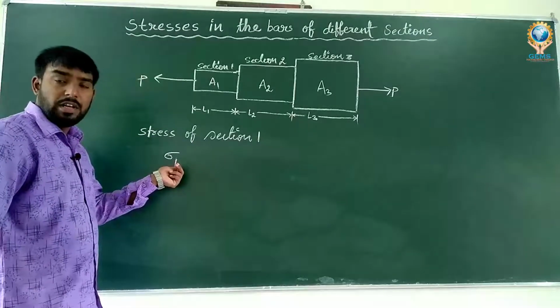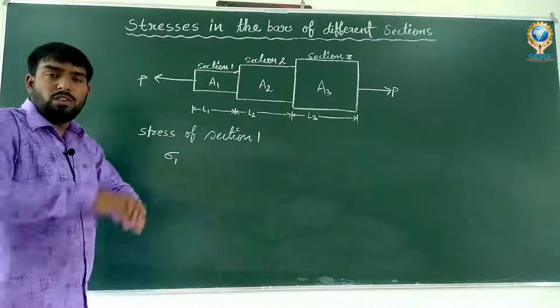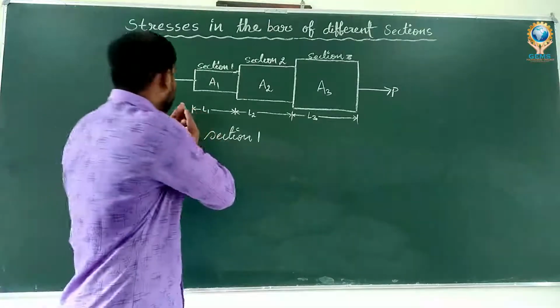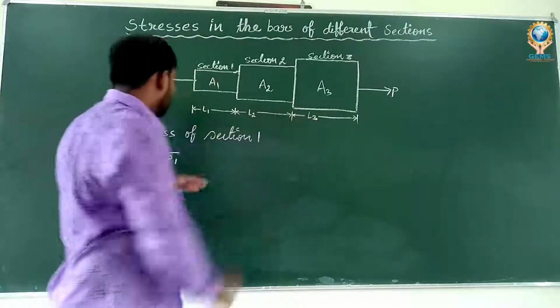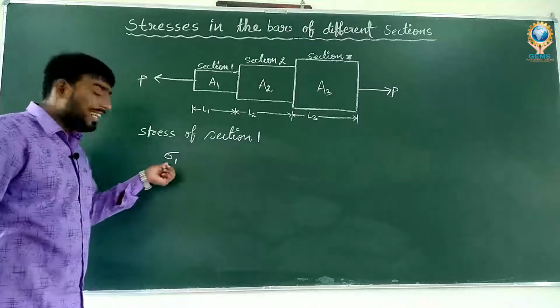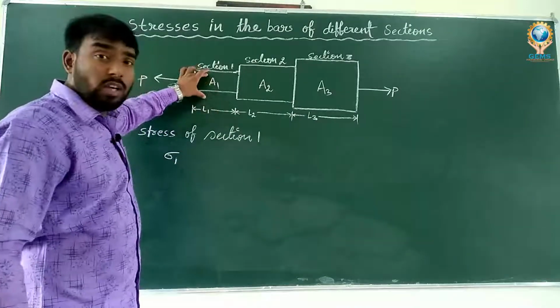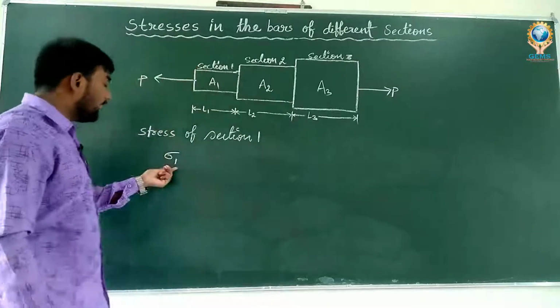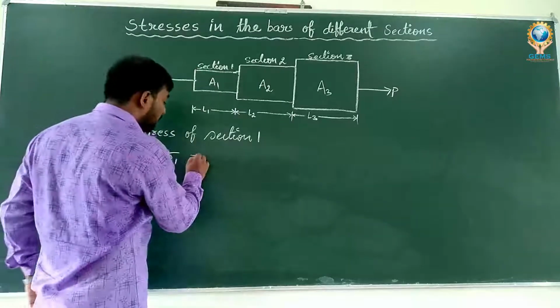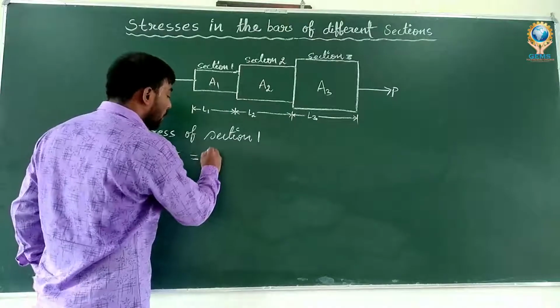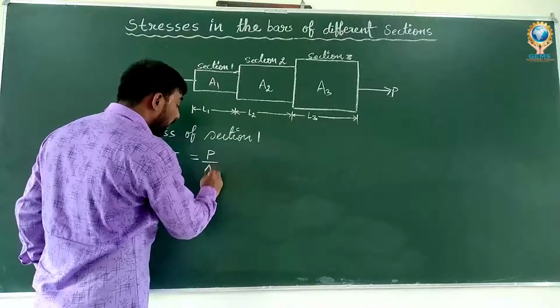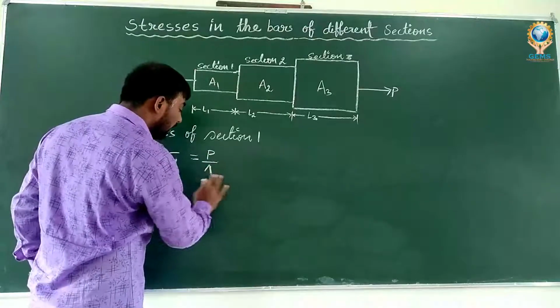Understand? If we were finding the stress for the whole section, then we would have written directly sigma. But now we are finding the stress for section 1 only, so we are using sigma 1. What is the stress formula? Stress is equal to load by area. Which area?